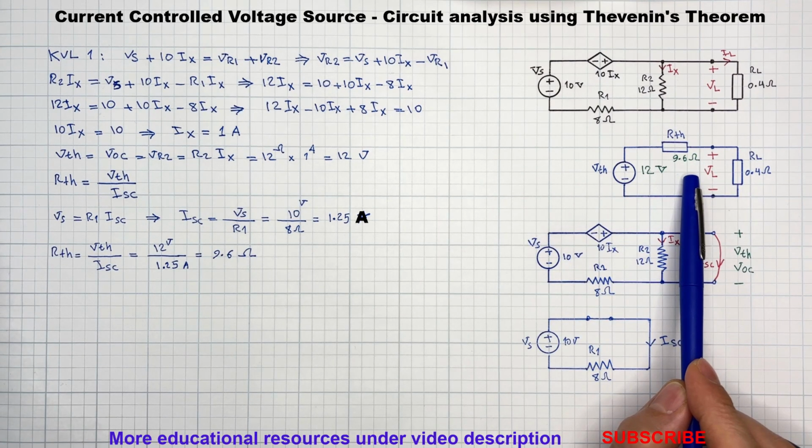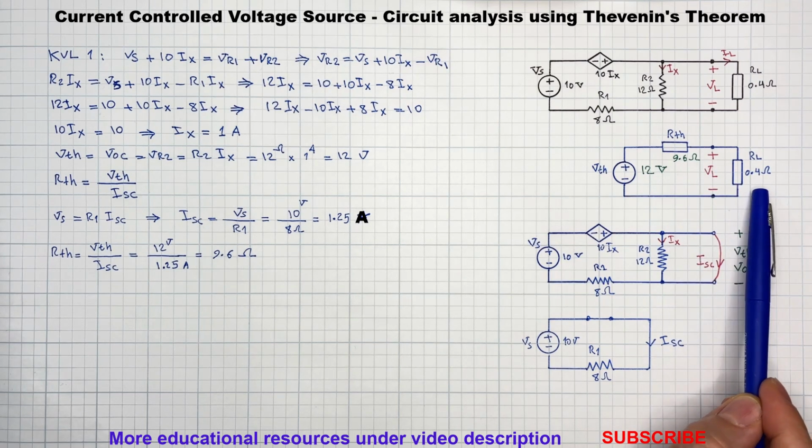Now, since we found the Thevenin equivalent of the original circuit, we can find the voltage across the load resistor.